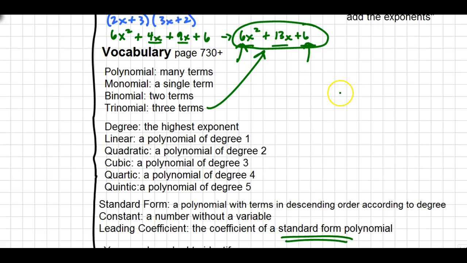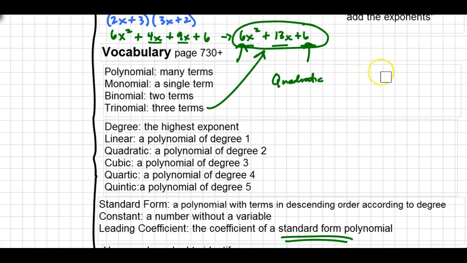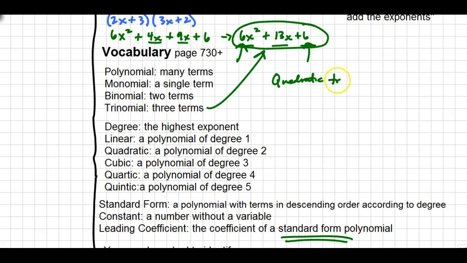So if we were going to classify or name this polynomial, we would say that it's a quadratic polynomial based on its degree. But if we can say what type of polynomial it is based on how many terms, then we should say that. So we'll say a quadratic trinomial because there's 3 terms.